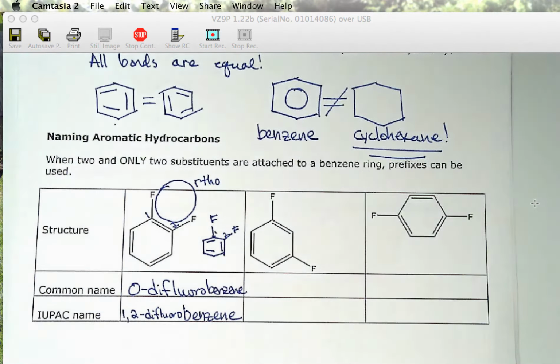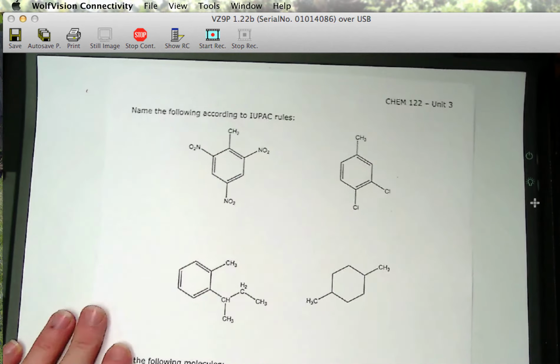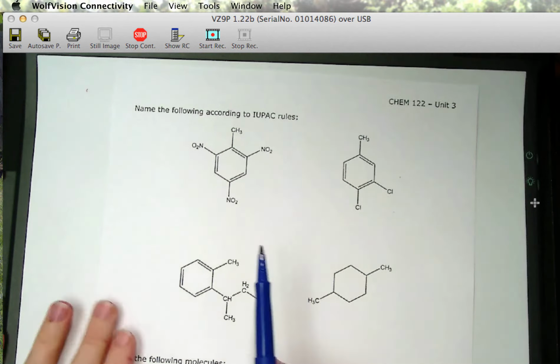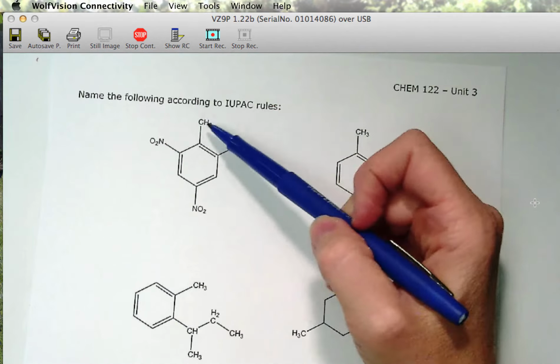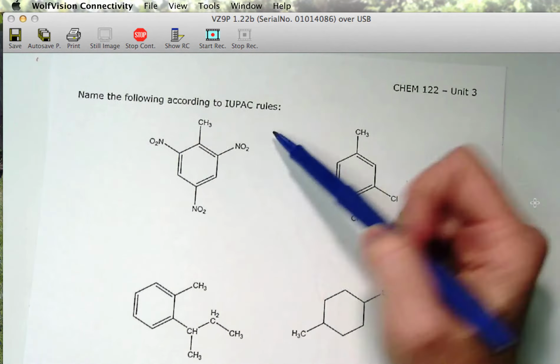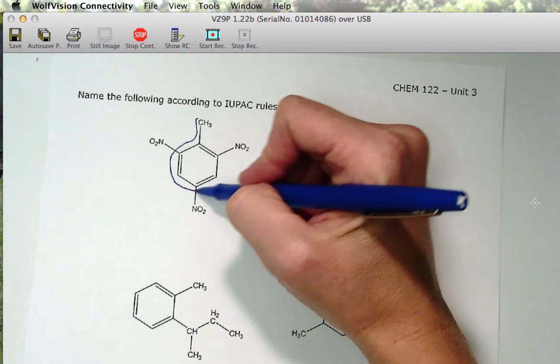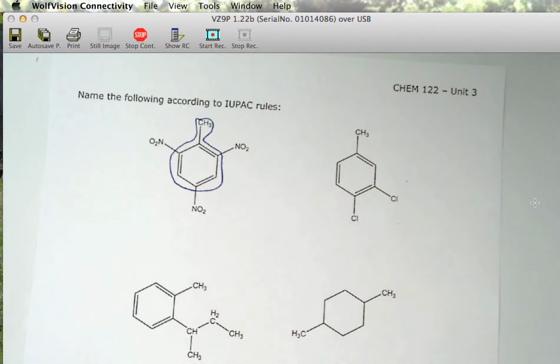On the next page, name the following according to IUPAC rules. I'm going to go through a few of these with you, because when you have a benzene ring with a methyl group, the parent is toluene.